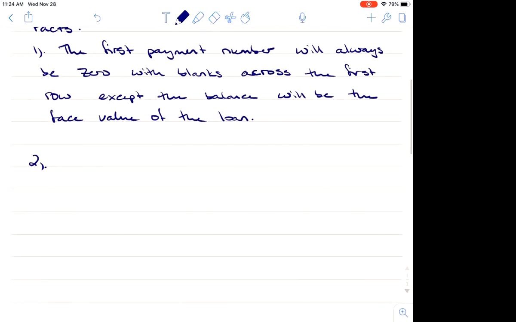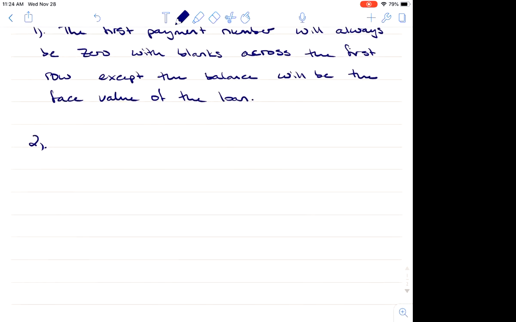Second fact, the payment amount. If you're thinking about a mortgage, the payment amount doesn't change. It's going to be the same every month or every week or however often you're paying. So the payment amount is going to be the same for all these payments, except for maybe the last one where we just square off everything. There might be a little bit less owing, a little bit more owing, but we just square up and then we're done paying off our mortgage.